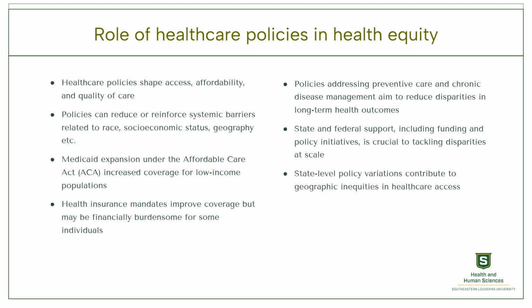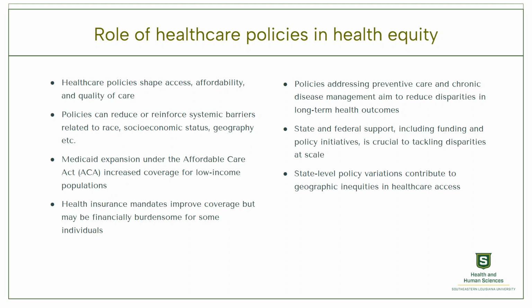One example of how it doesn't quite do it as well would be the variation in Medicaid expansion across different states. Not only did not all states expand, but even among the states that expanded Medicaid, they did not have the same benefit packages.